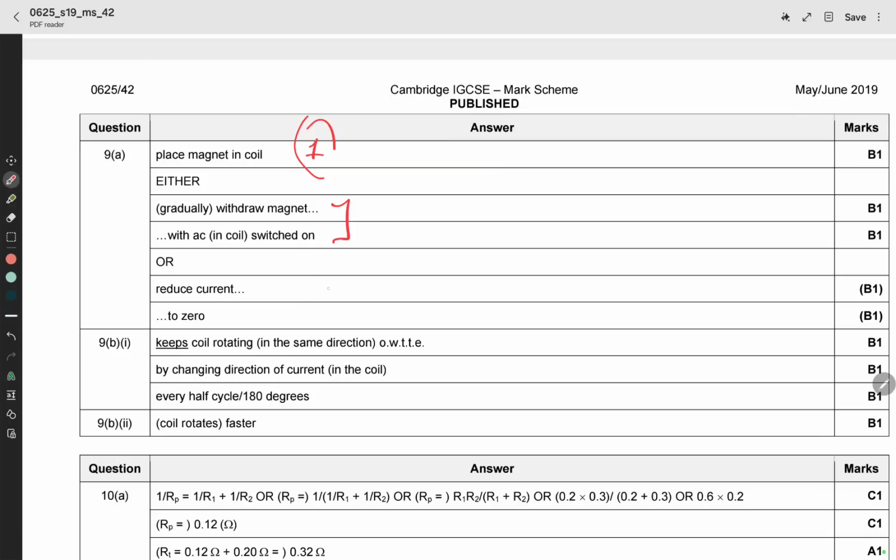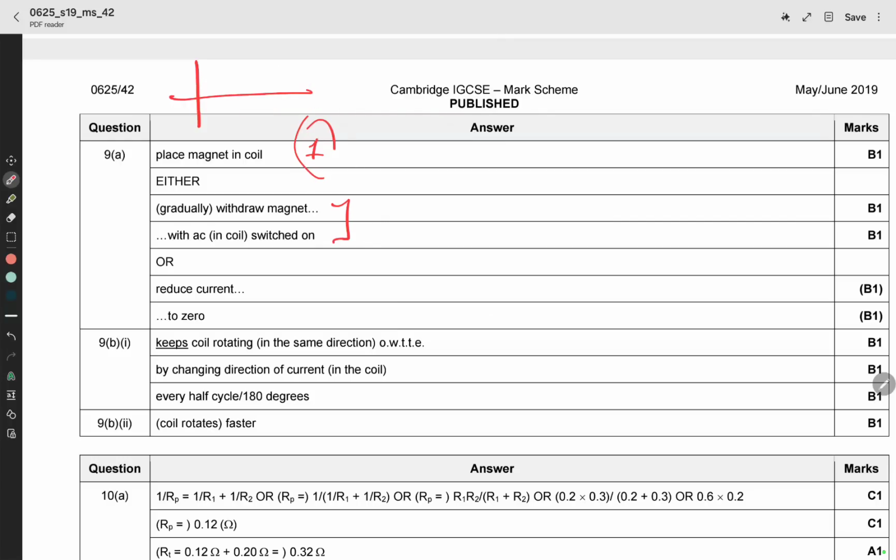The first process: you place the magnet in the coil, then slowly take out the magnet while the coil is switched on. Alternating currents look like this, right? So if you're gradually taking it out, the alternating current is constantly switching. The magnet is going to be like, enough, I don't want to be a magnet anymore. As you're pulling it out, it just loses its ability to be a magnet. So that's why the first one works.